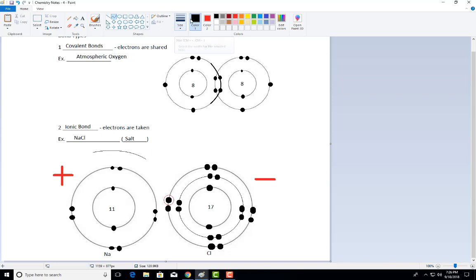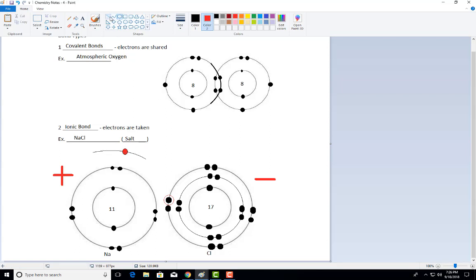Y'all can't laugh too hard at me. I mean, go ahead and laugh. I am pretty silly. But this is where he was. Let me get those colors back to where I need them. He does not want to stay that color, does he? Oh well, we'll just say that's our electron.